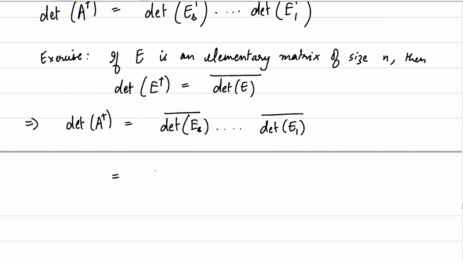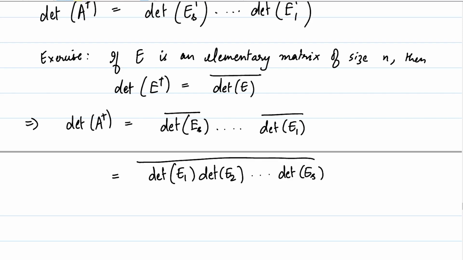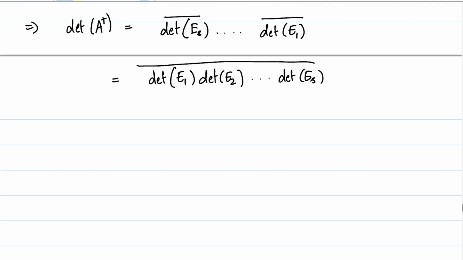But that would imply this is equal to determinant of E_1, determinant of E_2, determinant of E_S, the whole conjugate. But whatever is there inside is just the determinant of E_1 E_2 up to E_S, which is the determinant of A. So basically what we have concluded is that if A is invertible, then determinant of the adjoint of A will be the conjugate of the determinant of A. And if A is not invertible, then determinant of A and determinant of adjoint of A both are 0.